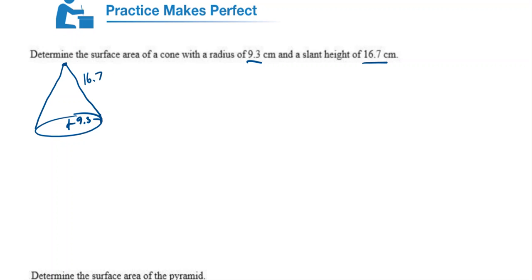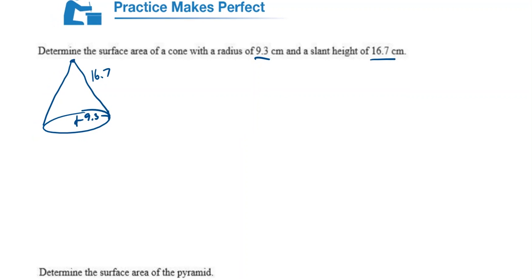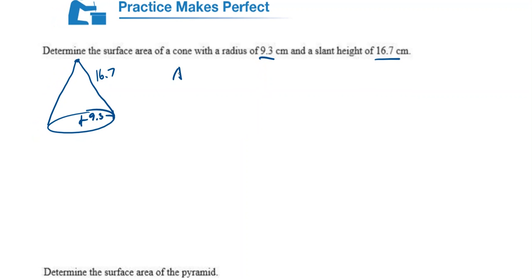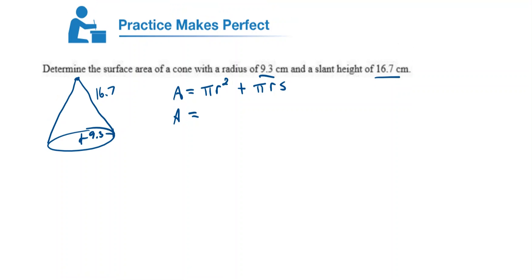Okay, and then the formula for a cone was area is equal to pi r squared, just the area of the circle on the bottom, plus pi r s. So I'm going to pause it, and I'm going to get you guys to find the area of this thing. So if we go through this, area is equal to pi, and then instead of r, what am I putting in there? 9.3, times 9.3.